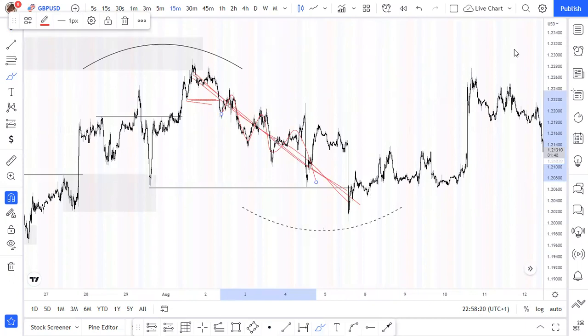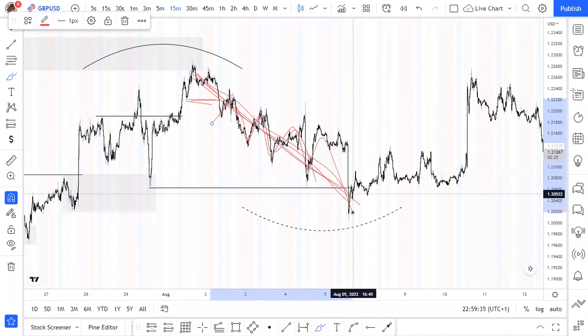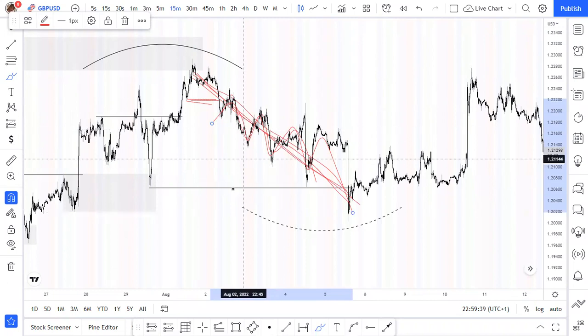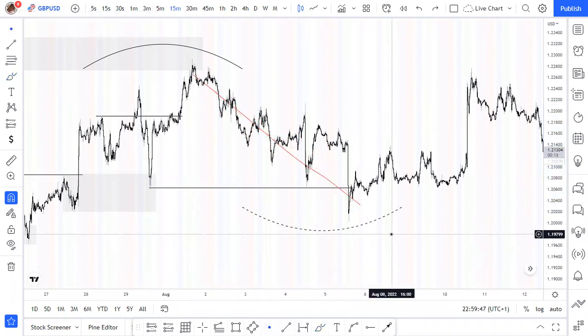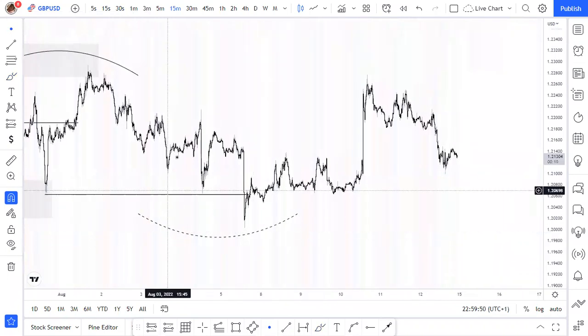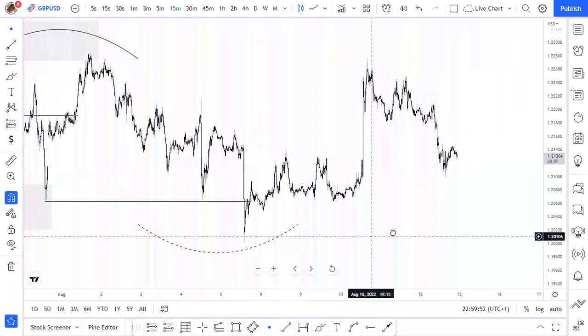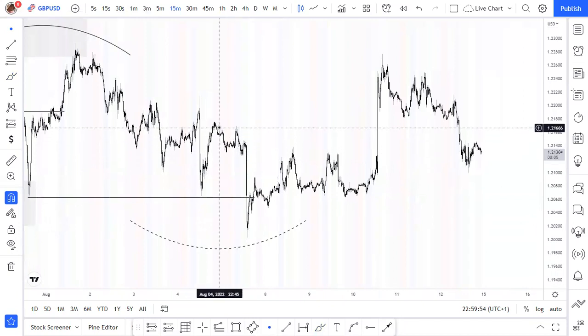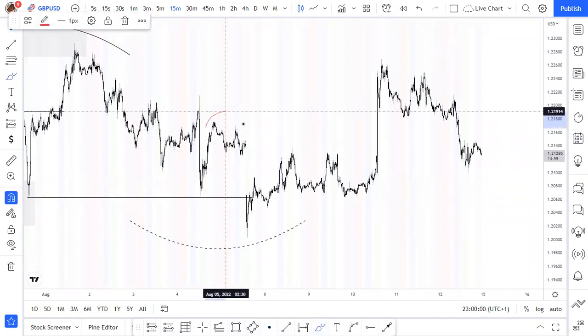So since we have this to be a single push on the 4 hour, on the 15 minutes we'll have a bearish market structure. Applying the same logic we use to run structure on the daily and 4 hour to the 15 minutes, we can say that this was our last lower high here, and we have this to be our last lower high.